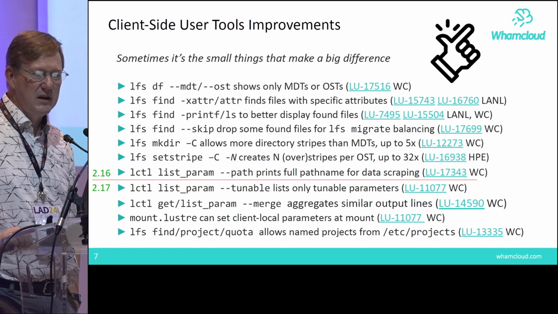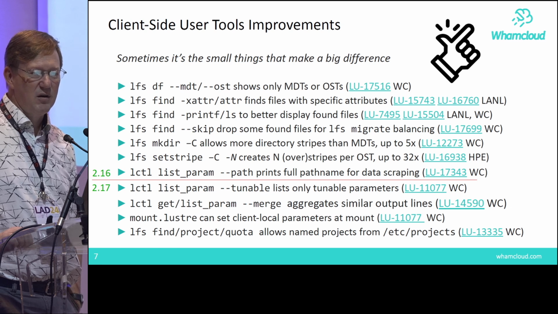So you can see immediately in a short list which parameters have been tuned on a client. And so that's good for debugging and things like that. The users swear up and down they didn't change any settings, but now we can see, oh yes, you did. You changed this parameter, and that's why your performance is bad or whatever.